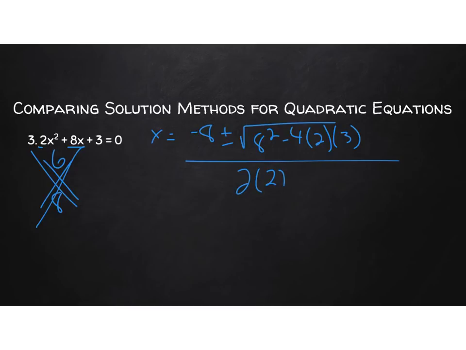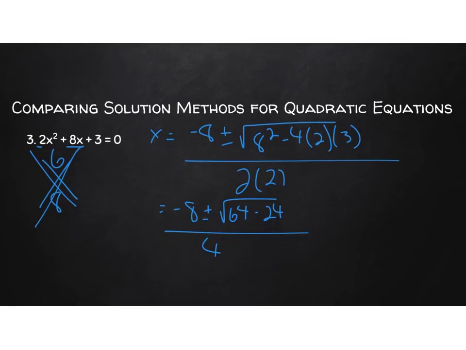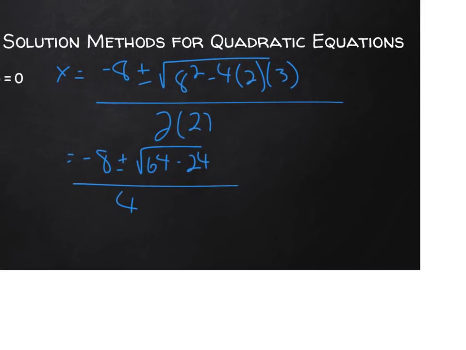Do a little simplification, and we get negative 8 plus or minus 64. 4 times 2 is 8, times 3 is 24. So we'll subtract 24 since there's only one negative, all over 4. And then we get negative 8 plus or minus the square root of 40, all over 4.